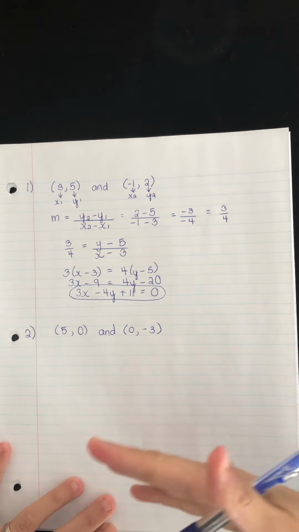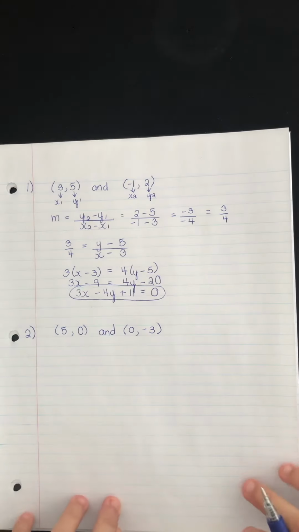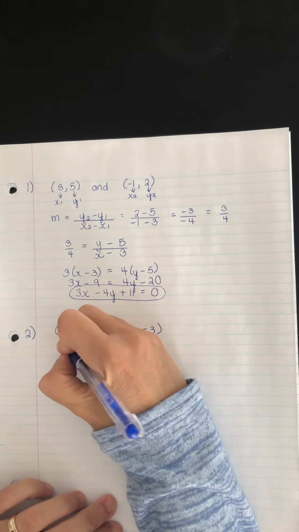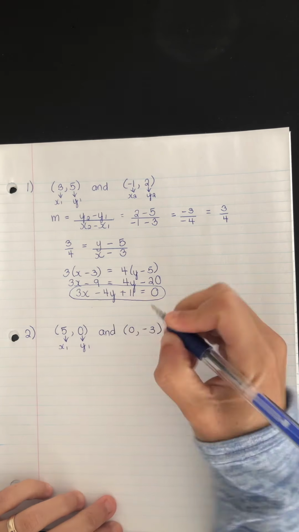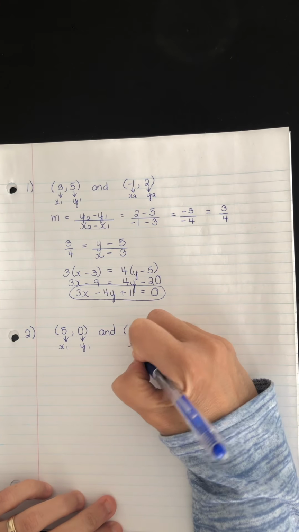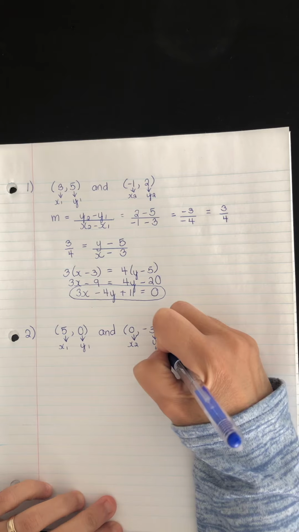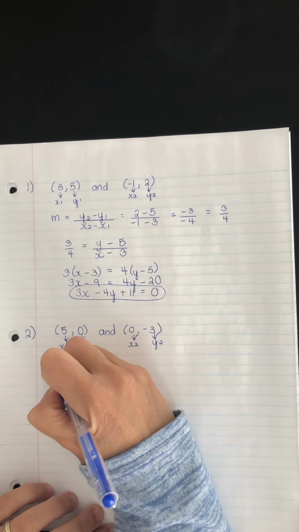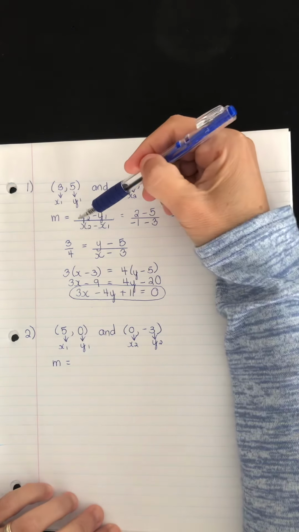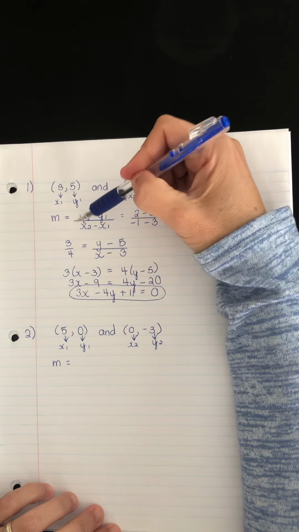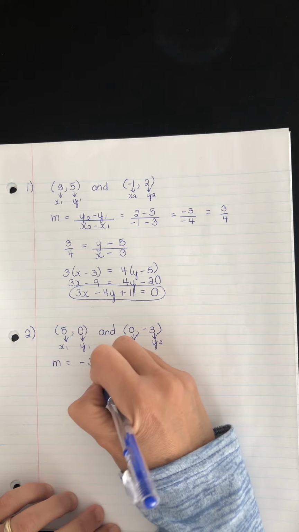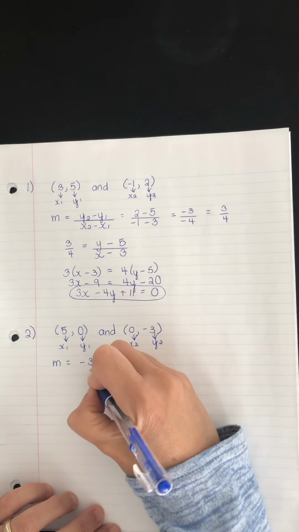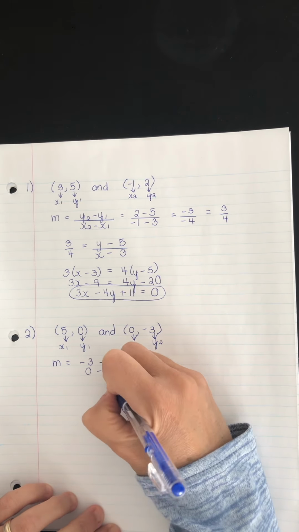And so we're going to do the exact same steps in the solution. So let's go ahead and do them. We start by calculating slope using y2 minus y1 over x2 minus x1.